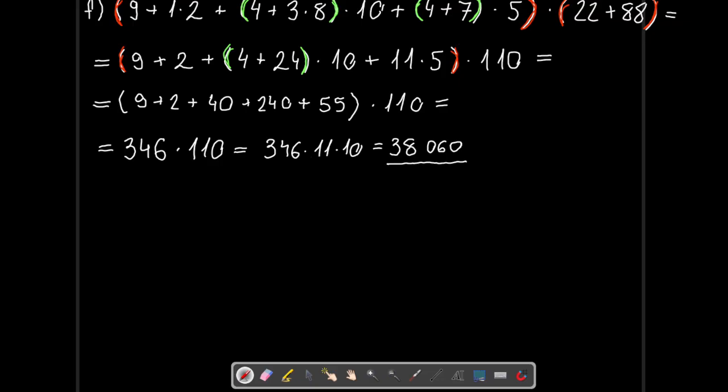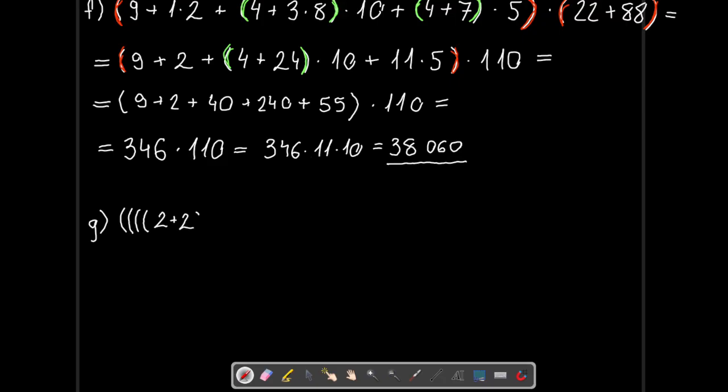Great. Now, the final example. Example G. I did start writing it a little ago. We had 4 brackets at the beginning, so this will be a very interesting example.